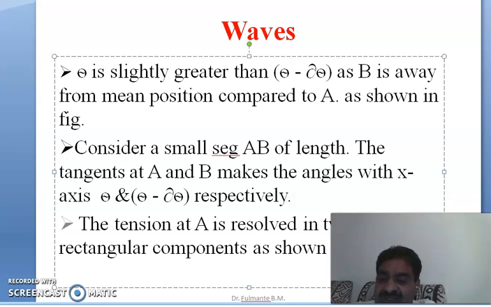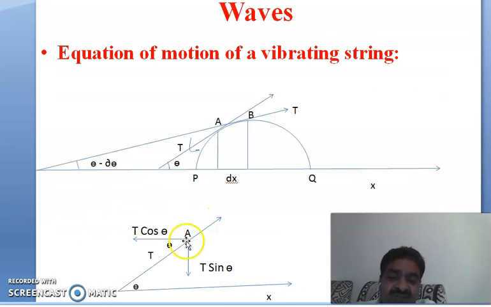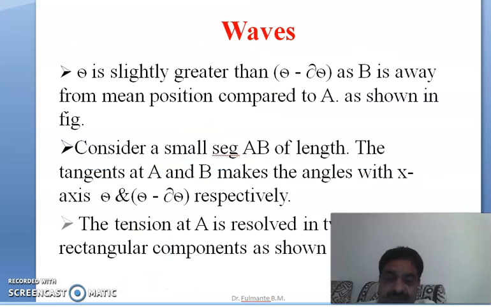We have already seen these two components. If we draw such a segment like this, you will get a rectangle. So we say that this tension T is resolved into two rectangular components, T cos theta and T sin theta.